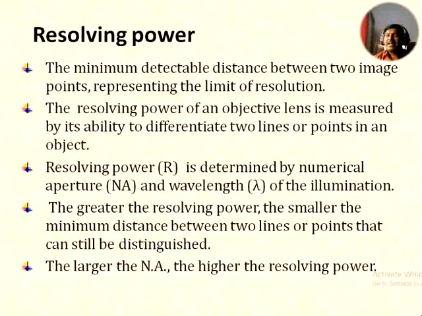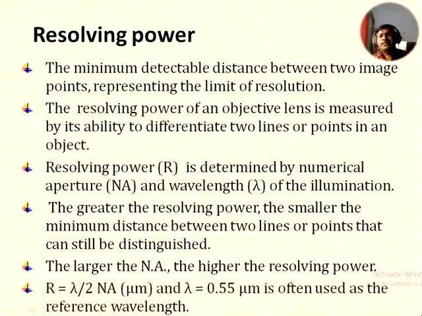Here R, the resolving power, is equal to lambda by 2 into numerical aperture, in micrometer, and the value of lambda, 0.55 micrometer, is often used as the reference wavelength.